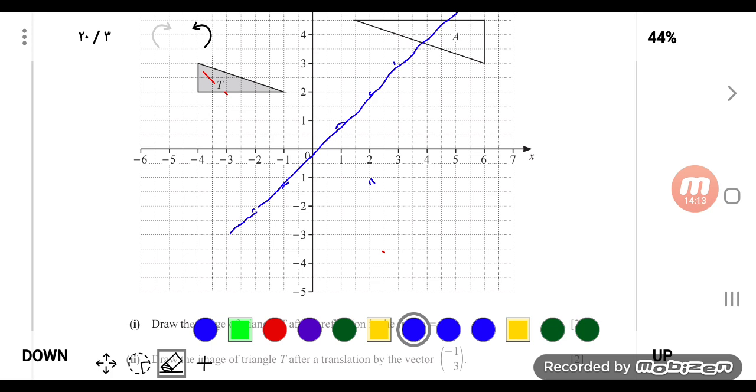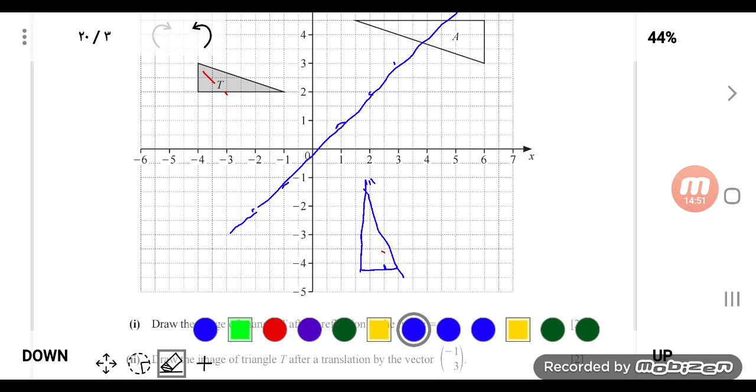And -4, 2 becomes 2, -4. Now you connect, you get the triangle.